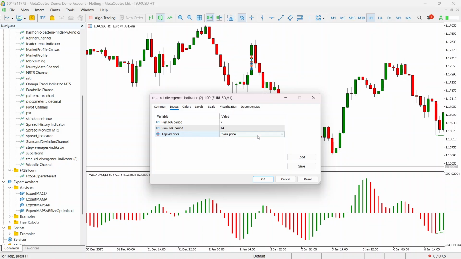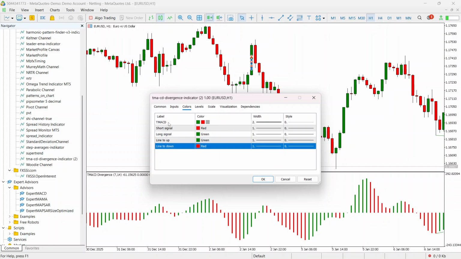It is applied on the closing price, but you can adjust it to be applied on open price or high price for its calculation. Now, if you check the colors, we have the colors for the TMA CD, the color for the short signal, long signal, line to up and line to down.